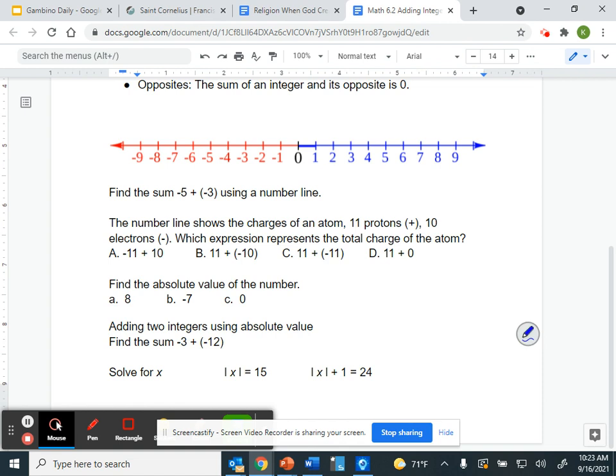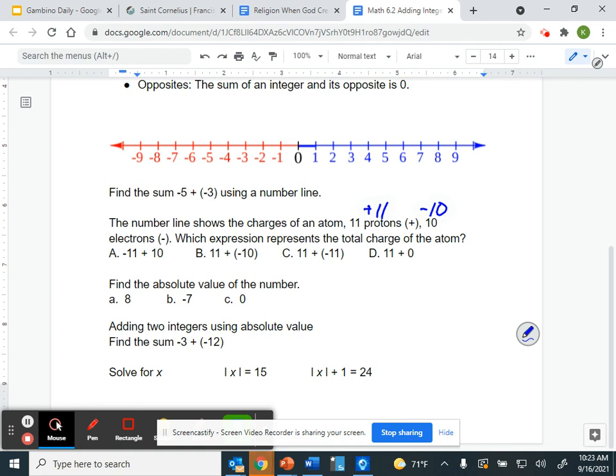Now let's look. The number line shows the charges of an atom is 11 protons, which are +11, and 10 electrons, which would be a -10. Which expression represents the total charge of the atom? So they gave us 4 multiple choices.